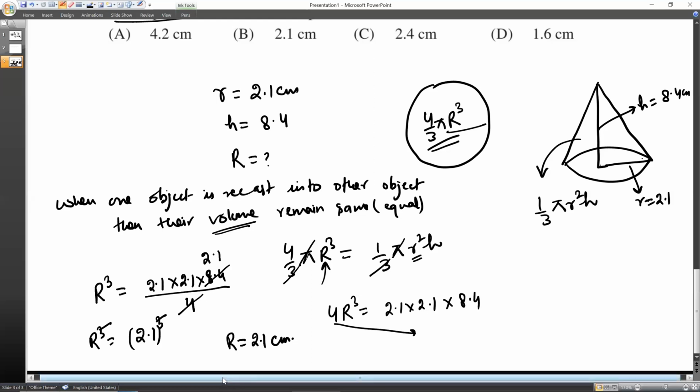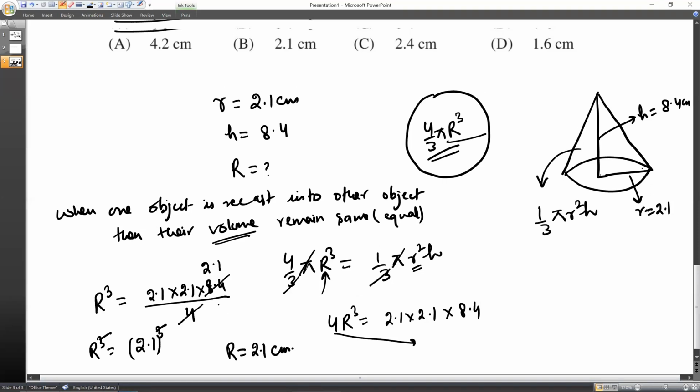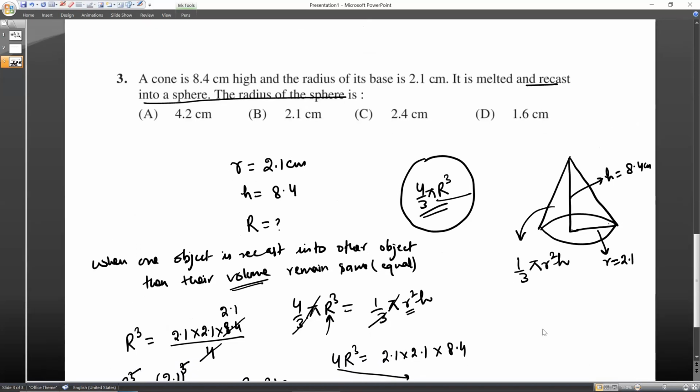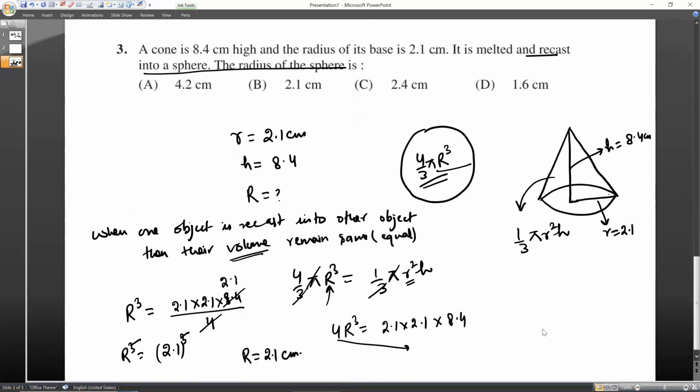Got it, Alvina? Yes, sir. Rima, you got this one? I'm not clear about it. Because you are late. Do this one first, copy this one. Have you copied the question? Yes, sir. Questions and the solution also? Copy this one fast.